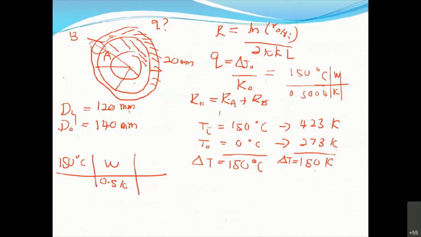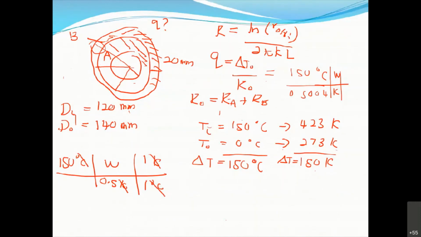You can just use something like this: 1 Kelvin is equal to 1 degree Celsius. So if you cancel out degree Celsius with degree Celsius, Kelvin with Kelvin, the only remaining unit is watt. This rule is only applicable when you are using it for temperature difference.